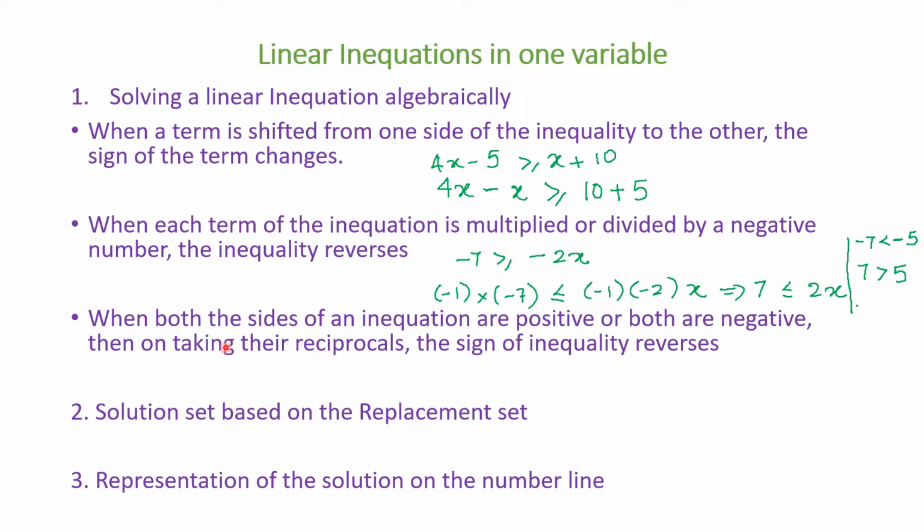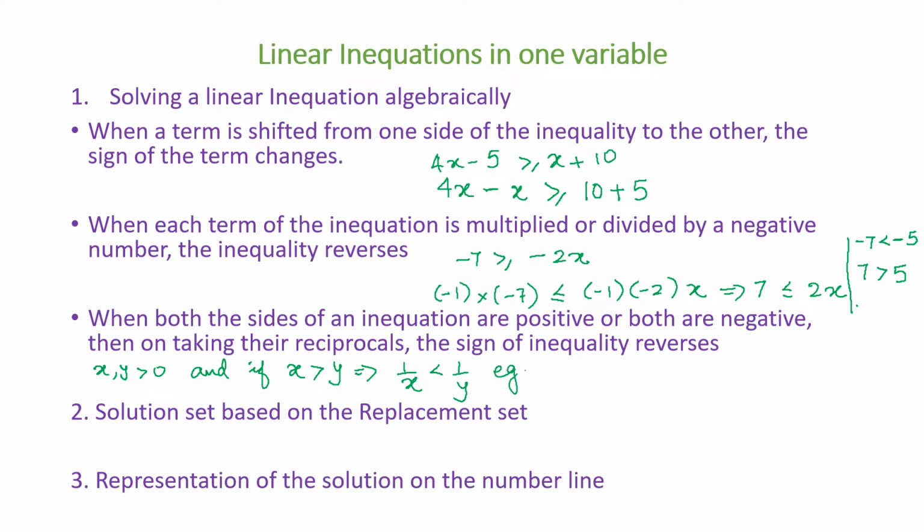Okay, then the third rule: when both the sides of an inequation are positive or both are negative, on taking the reciprocals, the sign of inequality reverses. So let me take the example: if x and y are greater than 0, and if x is greater than y, then on taking reciprocal, 1 upon x will be less than 1 upon y.